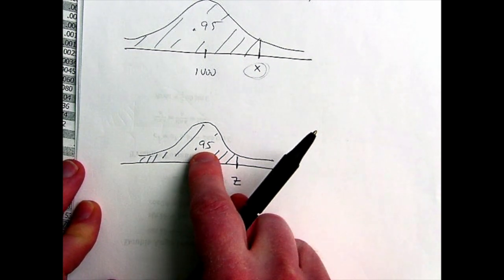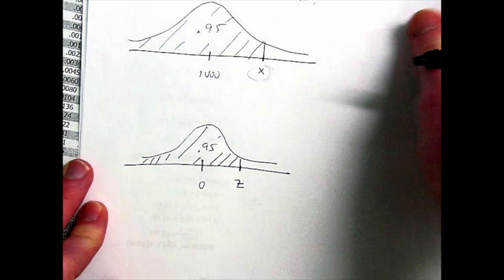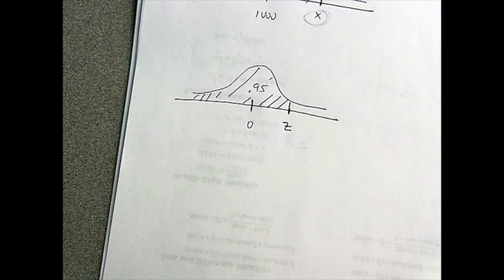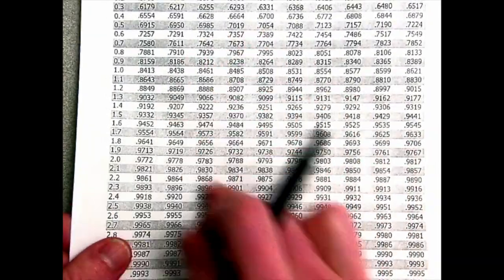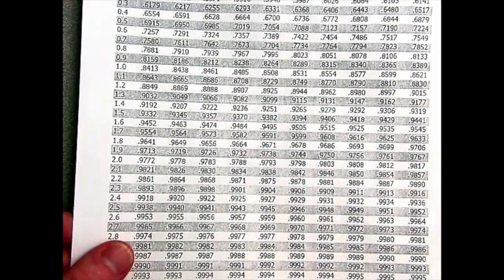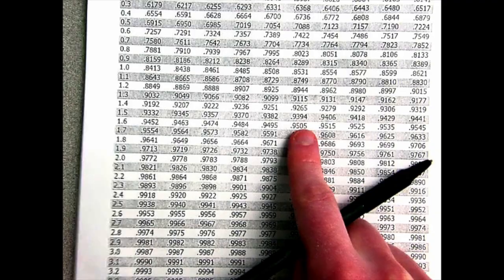Now, 0.95 is an area value, and I want to find the z value which corresponds to it. That's a little bit backwards from what we've been doing previously, where we knew the z value and were trying to find the area. What I do is go hunting for the closest thing to 0.95 that I can find.